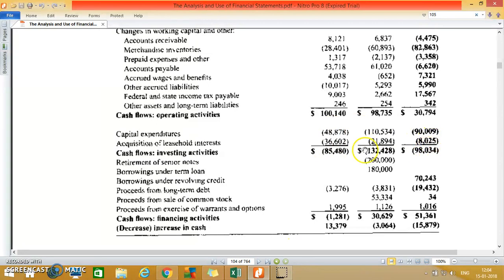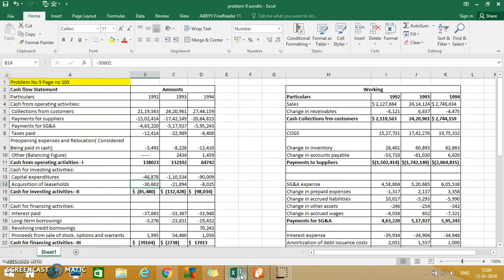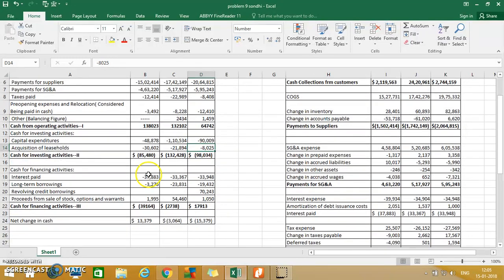Now there is no further information about the depreciation and amortization, and I assume that it has been accounted thoroughly, and then they've given you the numbers over here. So I consider that it has happened, and that's the reason I have taken directly these numbers that have been provided to me in the text. In the entire thing, the interest paid I have considered, and the rest of the items have been taken from the text.